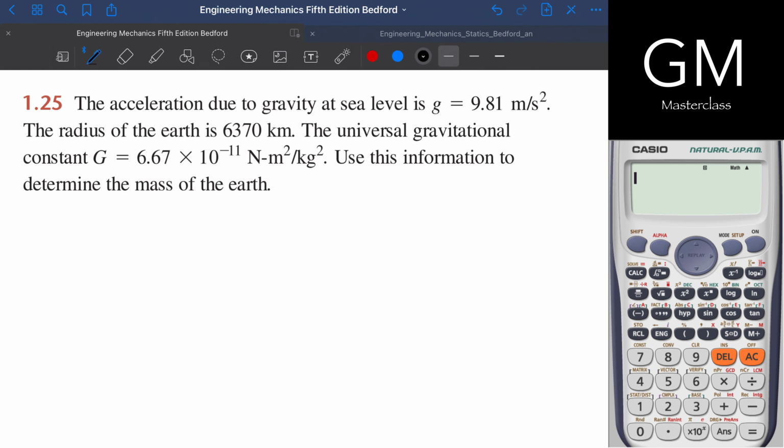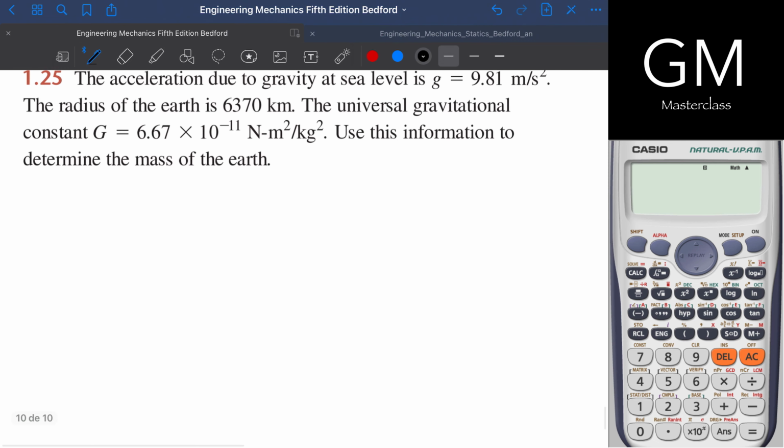So I'll start now. I'm going to use the equation that I just mentioned, which is that the acceleration on the Earth is given by the equation a equals G multiplied by m(e) divided by r to the second power.